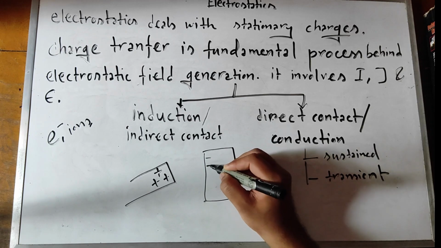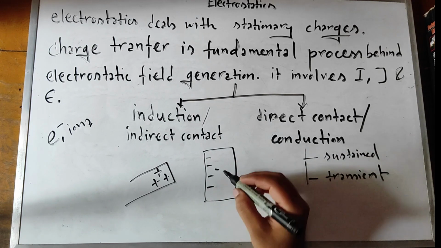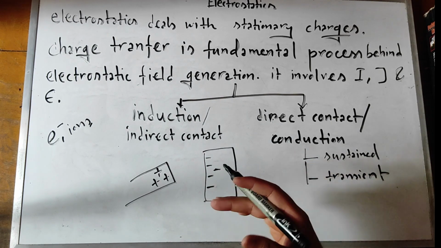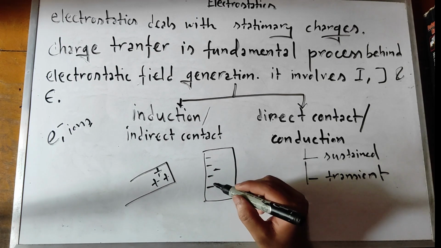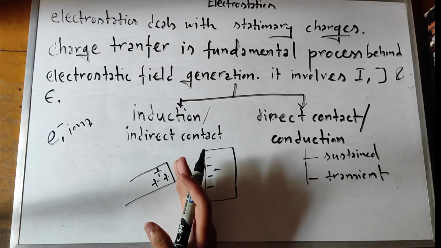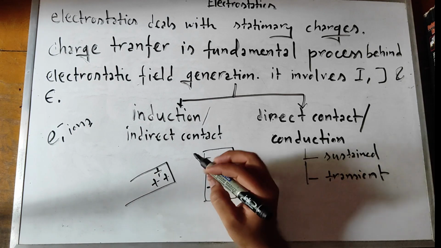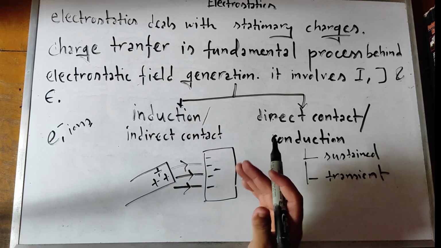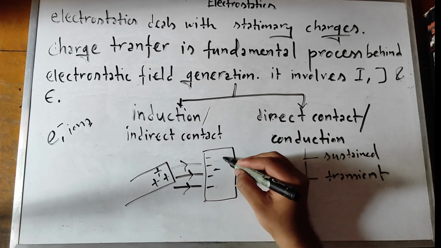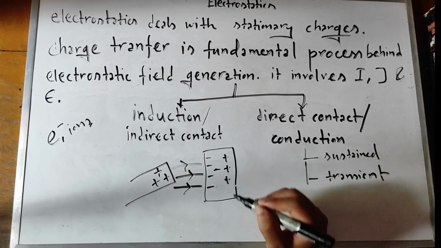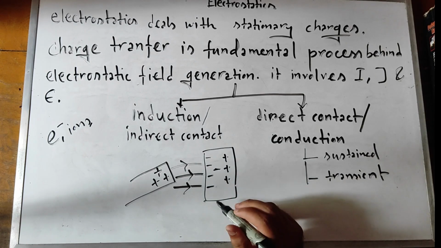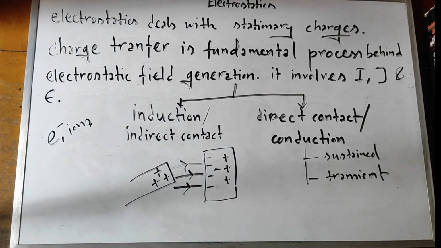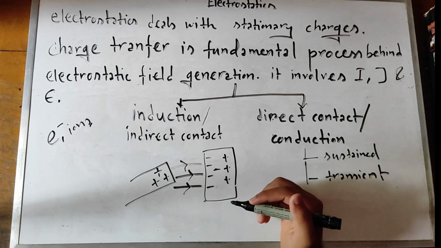It will induce a negative charge near its surface where the positive charge is closest, and under the surface it will be positive. Now, this is a temporary charging, for electric field generation.